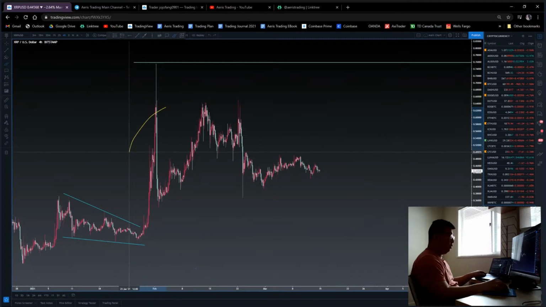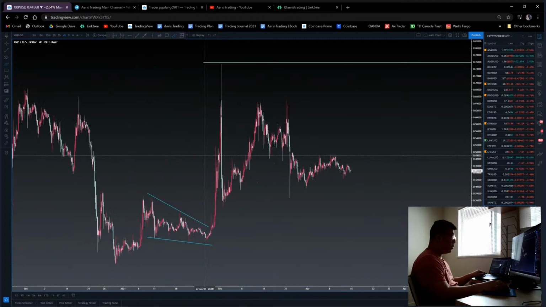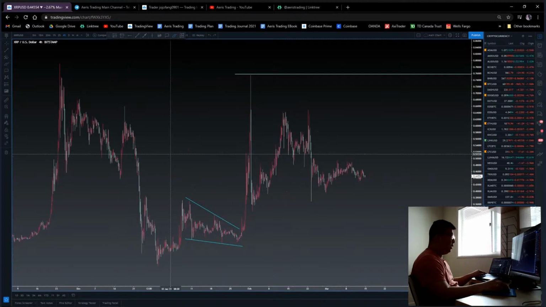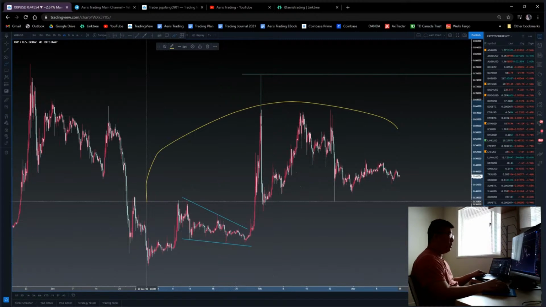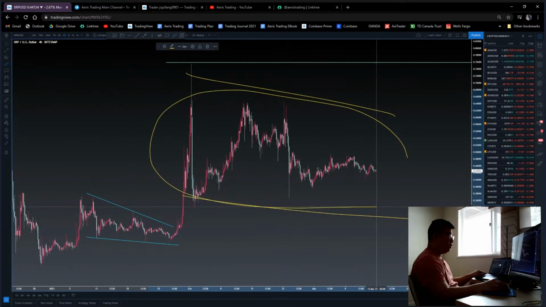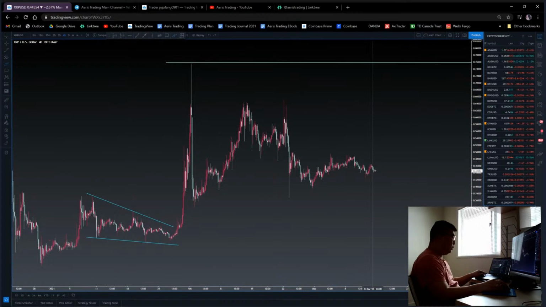Especially this push down from the SEC, all this consolidation, I don't really like. This push up followed by this push down, I don't like either. So I just want to see what will happen in terms of structure here. That's what I see on Ripple. Not really interesting for now.